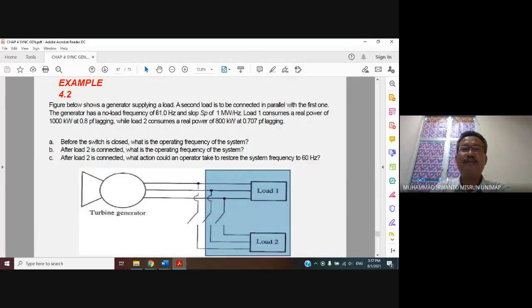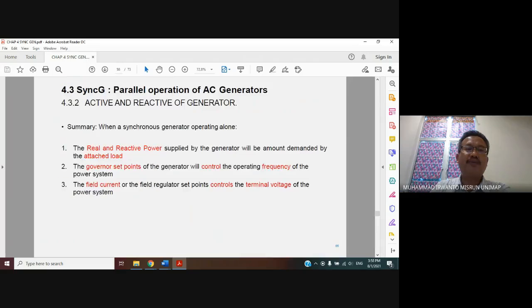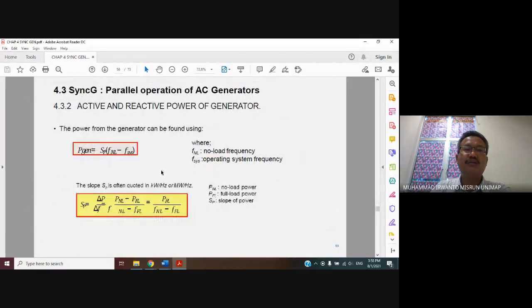Okay, now we want to find the frequency system from this formula. The generated power is equal to slope of power frequency multiplied by no load frequency minus frequency system.